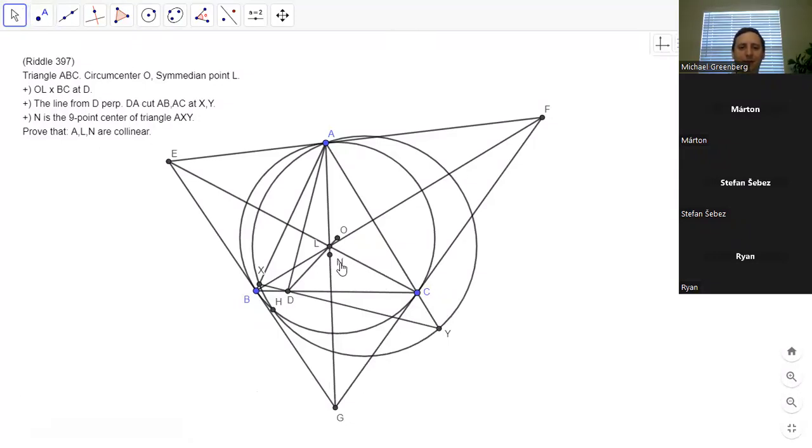That's not just something I noticed. The problem is to show N lies on the A median. Which is the same as saying that if M is the midpoint of BC, then we want to show AM passes through the cos theta point of AXY, which I don't know how helpful that really is.